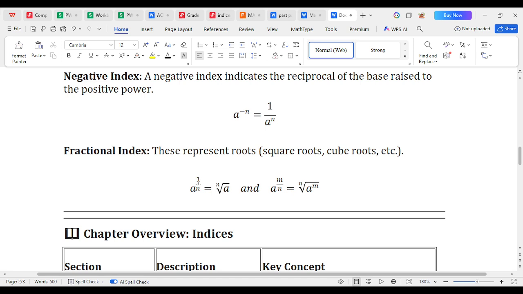The one on top just talks about the power. A more general example is a to the power m over n. The n represents the root, the m represents the power. You understand? It is simple.